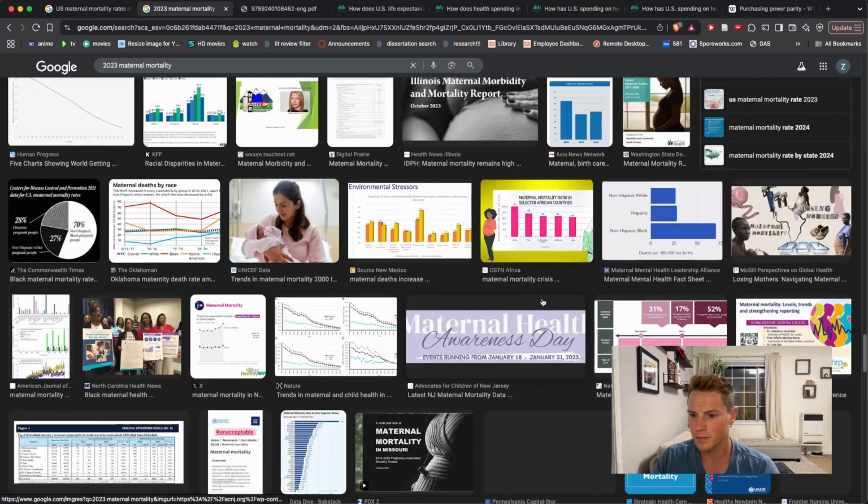Kaiser Family Foundation. Maternal mortality rate, deaths per 100,000 live births. This is 2021. Anyways, 32.9 in 2021. Wow. And look at all of these other countries. 3.5 in Australia, 3.5 in Austria, 3.5 in Germany, 3.4 in Japan, 2.8 in the Netherlands, and 2.6 in Sweden.